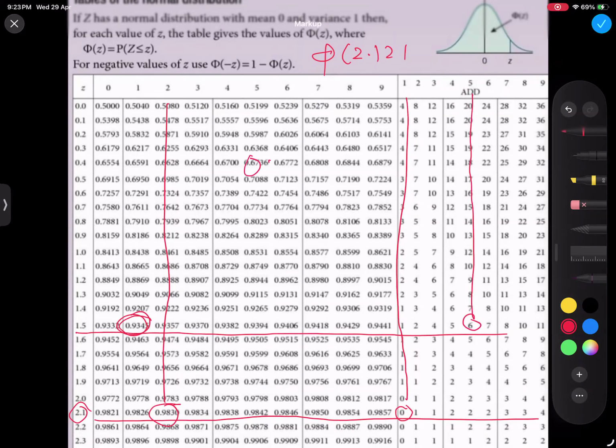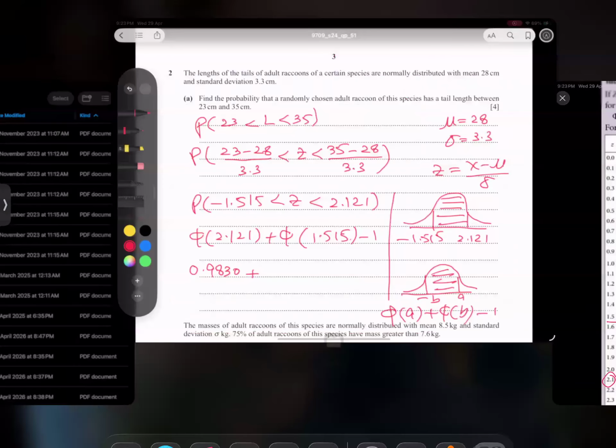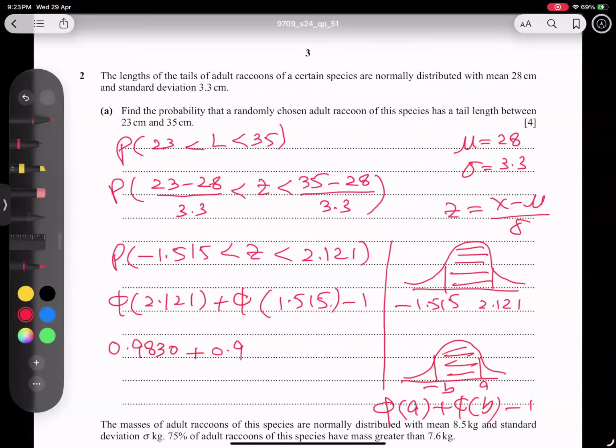So 0.9345, and if we add 6, 0.9351. 0.9351 minus 1. Just typing in the calculator, and the answer comes to 0.918 to 3 significant figures. I hope the point is very clear.